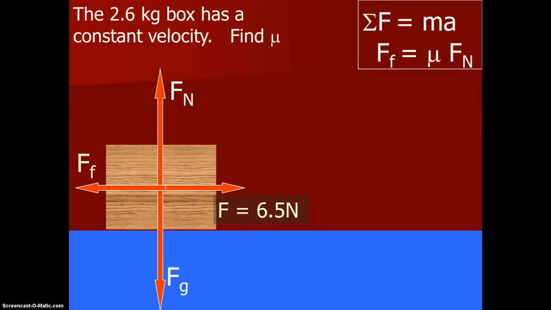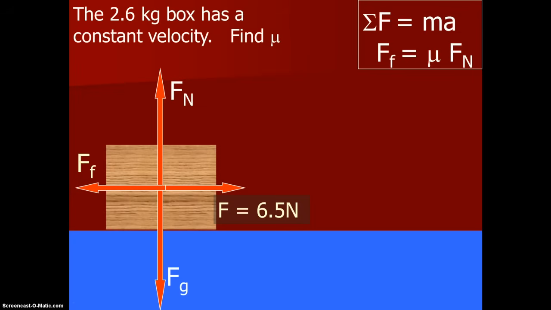So we draw the free body diagram for our box. We have a normal force, we have the force of gravity, and these are balanced out. We have an applied force of 6.5 newtons. We'll assume that the problem told us that. And there's a friction force.